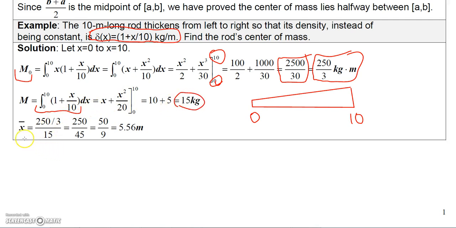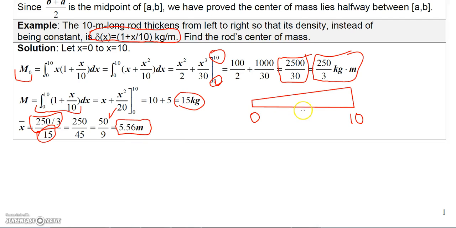Now to find the center of mass, I take the 250 thirds for the moment about the origin and divide it by the mass. You can invert and multiply, so that is 250 thirds times 1/15th, which gives me 250 over 45, and I can reduce that to 50 over 9. Dividing it out to 2 decimal places, it would be at 5.56 meters.